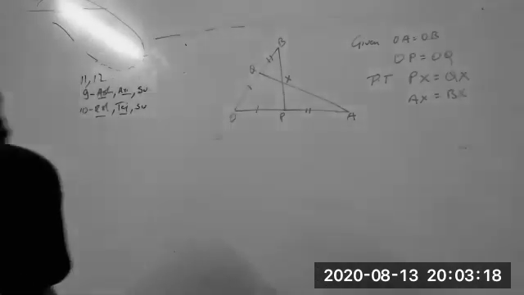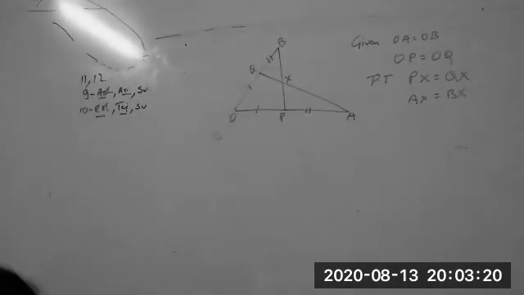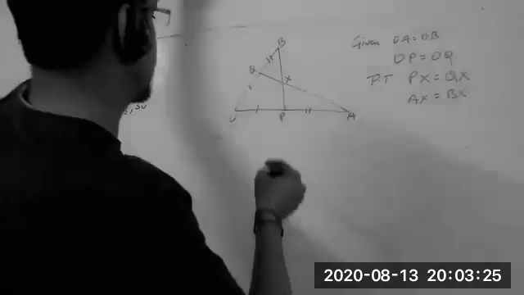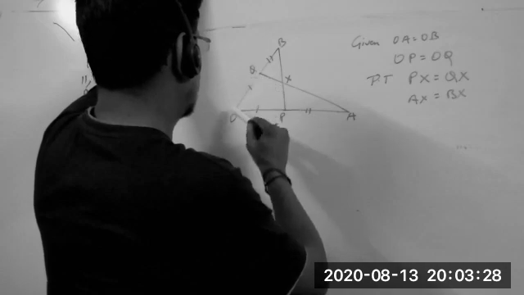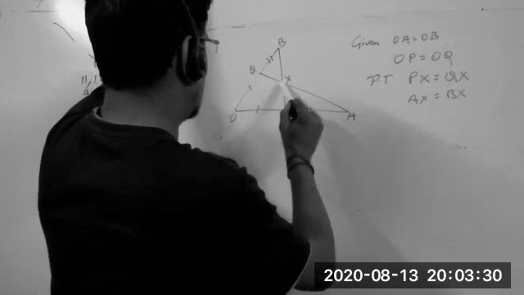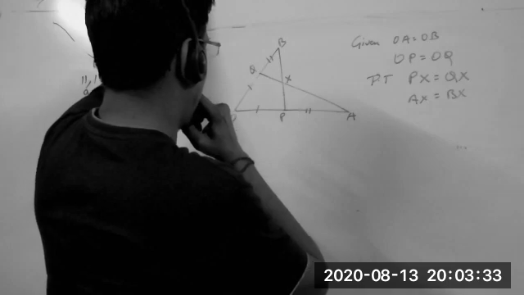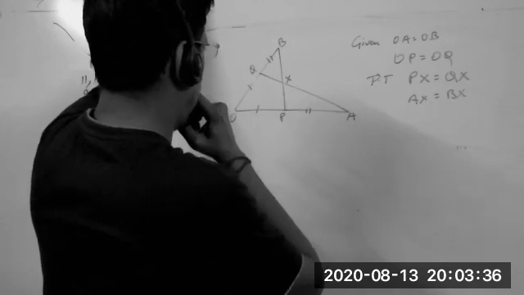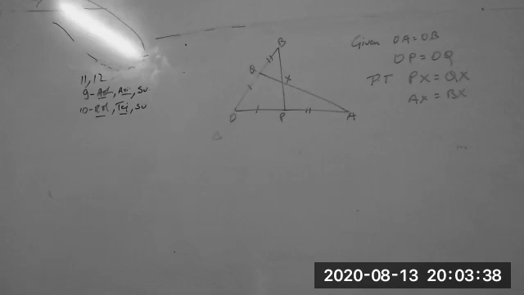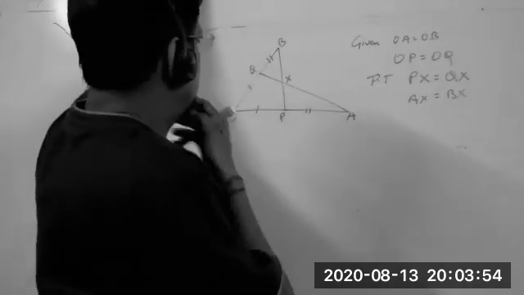Wait, why did I get confused? Where is this here? This is common. Anything left out? OA is equal to OB and OP is equal to OQ. Prove that PX equals QX and AX equals BX. Okay. What am I missing?